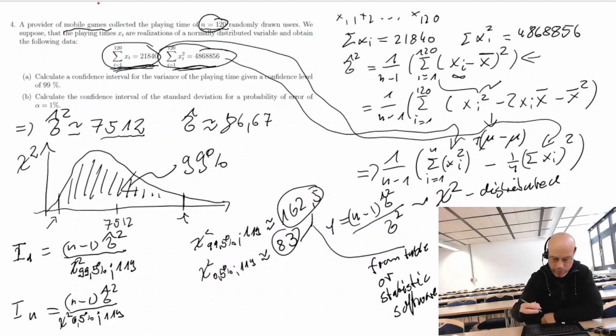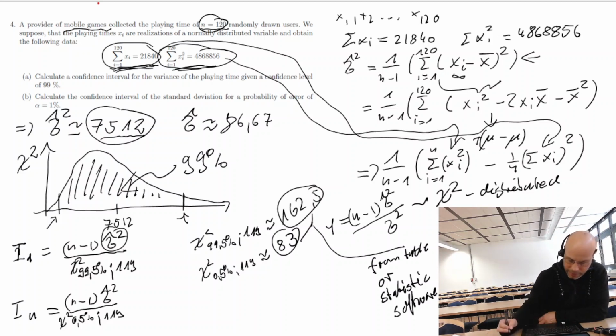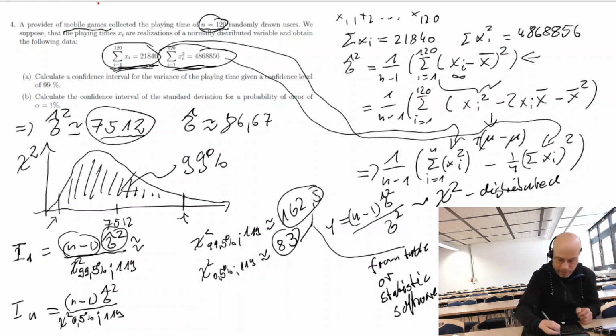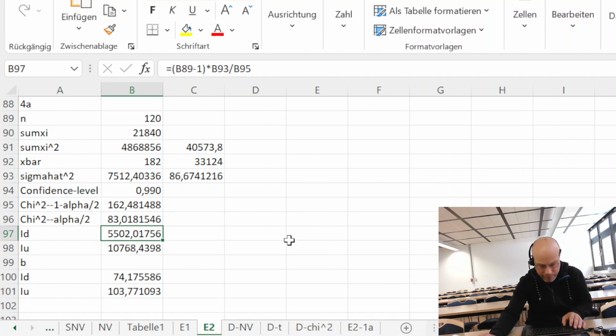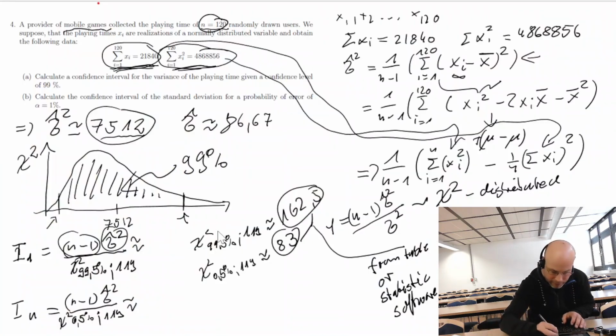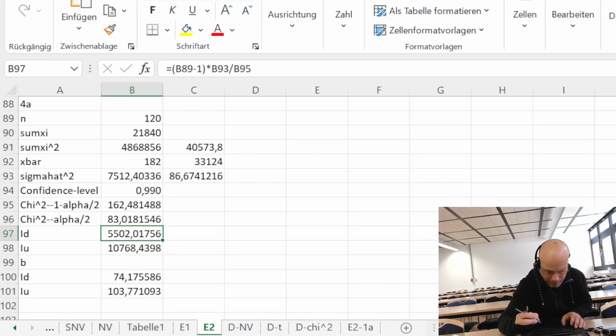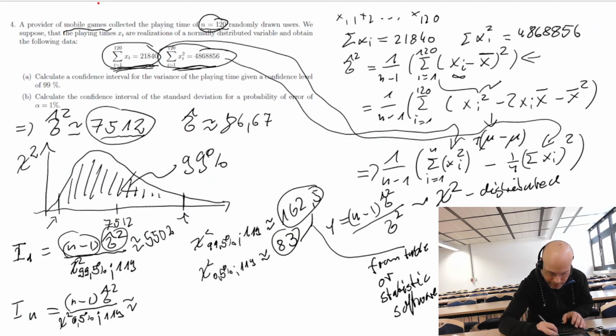Well, and putting these numbers in, here we have 7,512 times 119, and then we obtain roughly 5,502 and roughly 10,768.